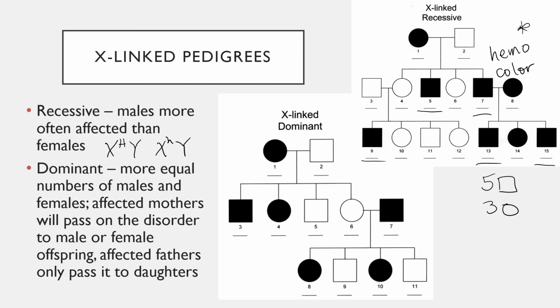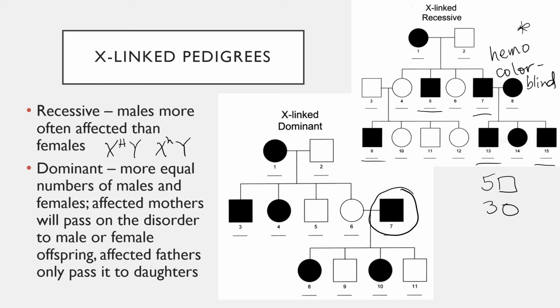These are recessive disorders. Then you have the dominant disorders. And for these ones, you're going to have a pretty much equal number of males and females affected, because now we're looking at the capital letters, so females can be affected as well. So in this case, we have to look at who is passing it on.